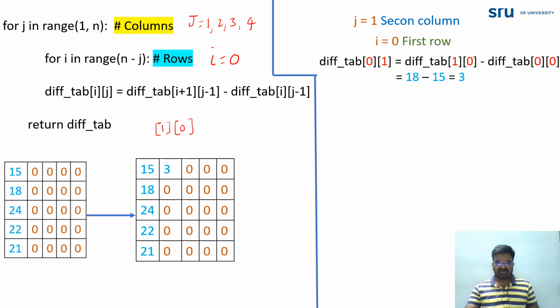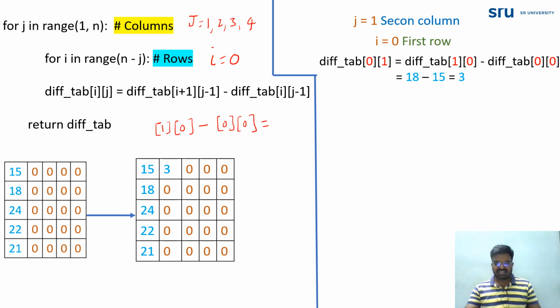So from the second row, first column, we are subtracting 15. 15 lies in the first row, first column, so the index is 0, comma 0. The index of 18 is 1, 0, which indicates the second row element.